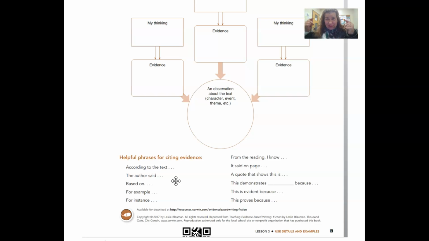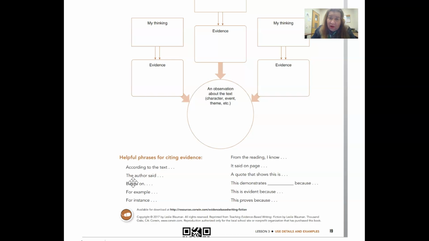So use these transition phrases to help build stronger writing, such as "according to the text," and then you find something right from your book or your reading and you put quotation marks around it. "The author said": yes, you want to give credit to the author so that you are not plagiarizing. Please don't get caught plagiarizing.